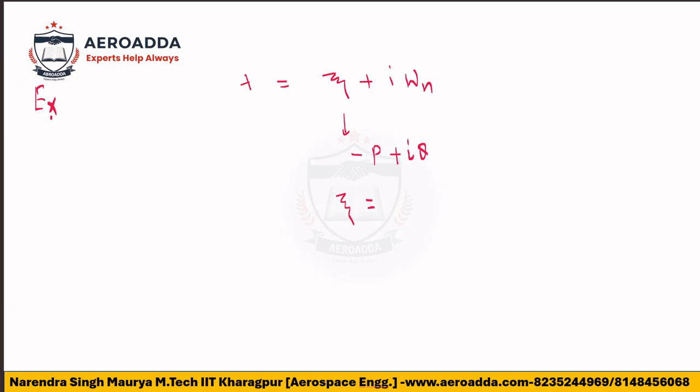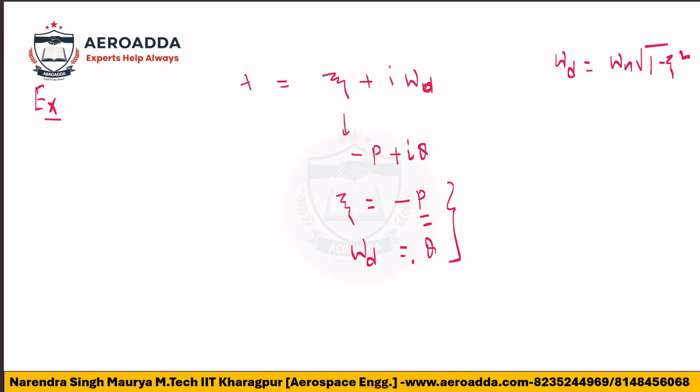Through the example I am explaining, but don't worry, I will be solving numerical problems. You know the damped natural frequency WD is nothing but Wn root of 1 minus zeta squared. Anyway, we'll solve problems so you will understand. So the damping rate is the real part, minus p, and WD will be the imaginary part. That's the meaning of whatever statement you have written.